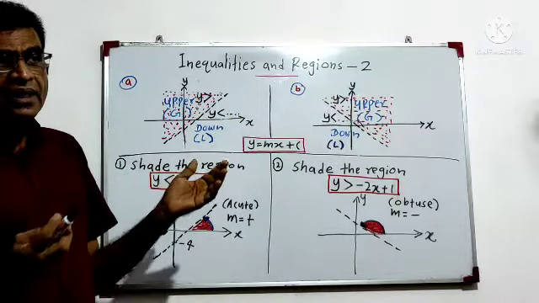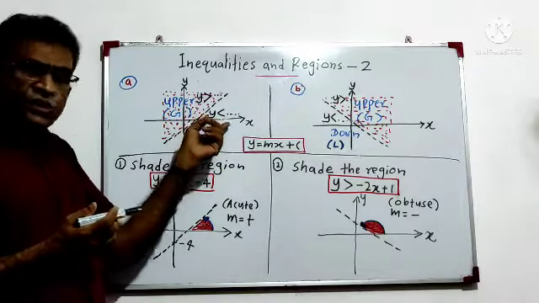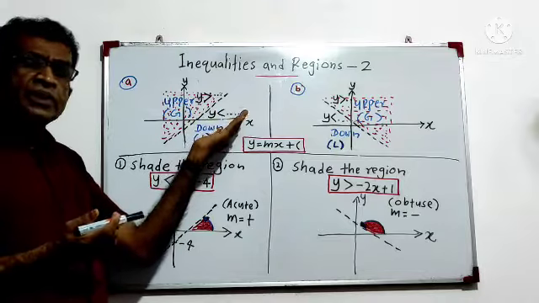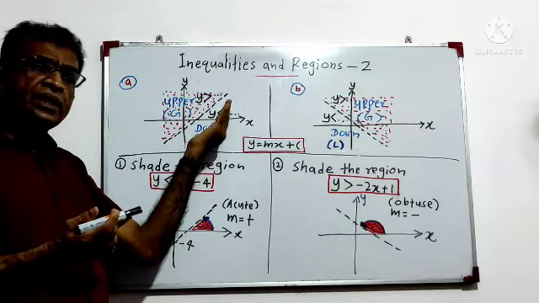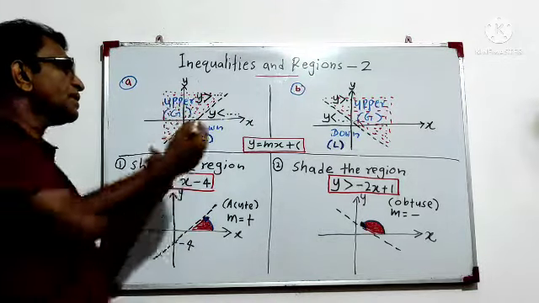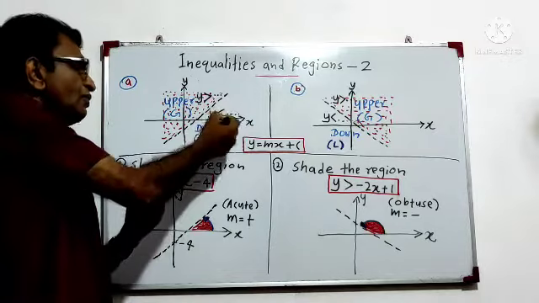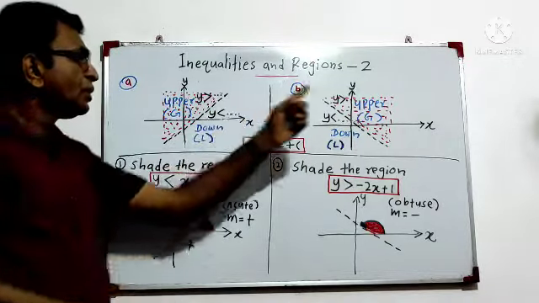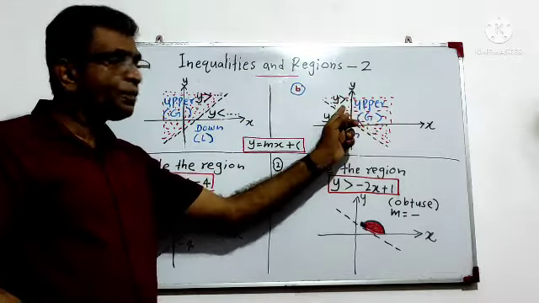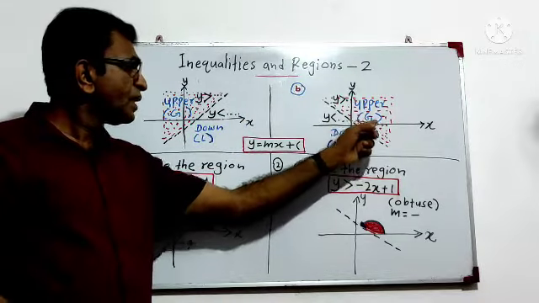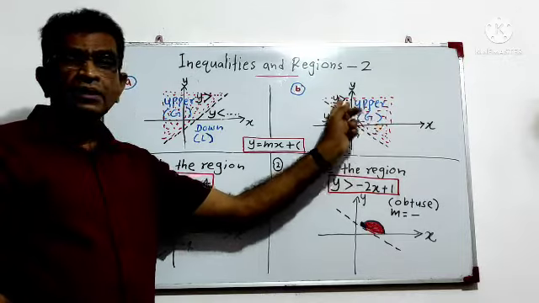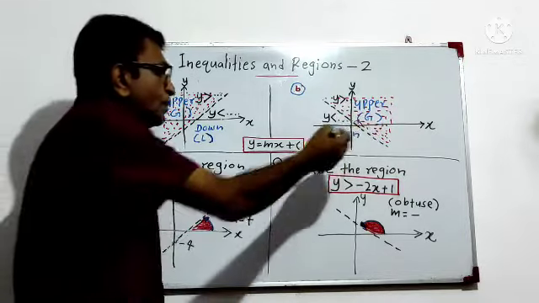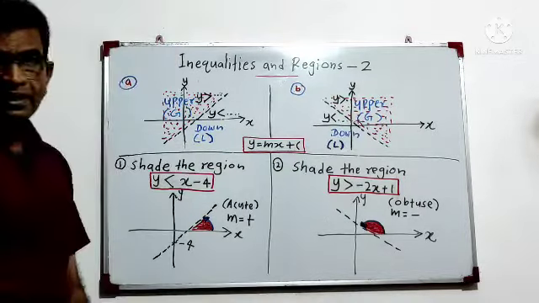If you want to measure the gradient with the positive x-axis, you have to measure the angle to the straight line anti-clockwise, this way. So if it is acute, the gradient is positive, right? If it is an obtuse angle, the gradient is negative. You can see that, right?